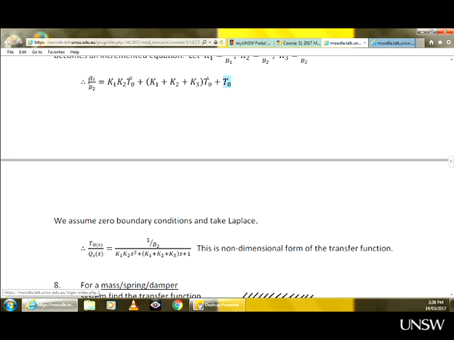Then I create qi over TO in the s domain. So that's on the left-hand side. On the right-hand side, in the numerator, I'll have 1 over b. In the denominator, k1, k2, s squared because of second derivative, k1 plus k2 plus k3 times s, and plus 1.